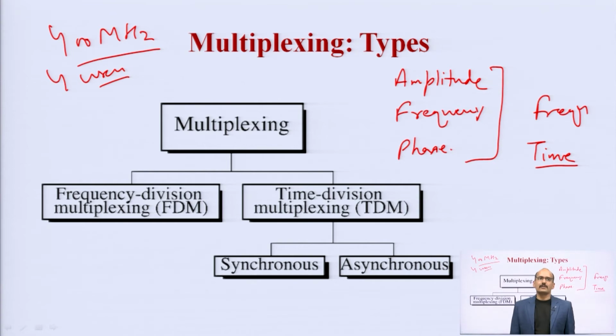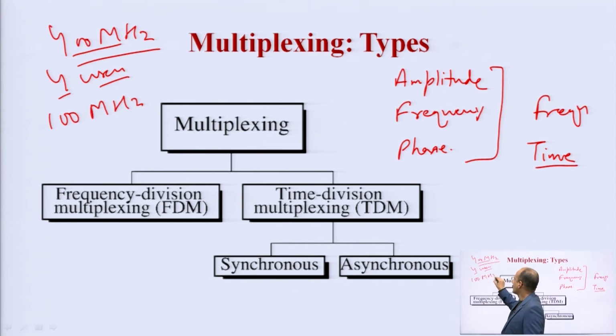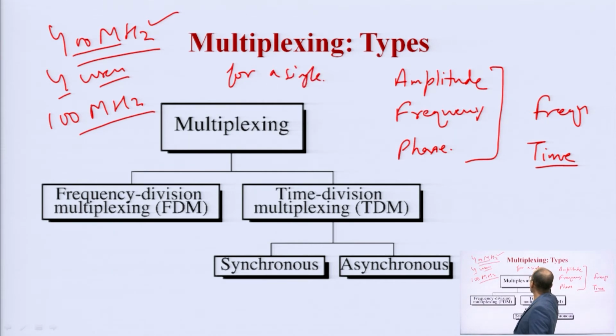So, what are the possible solutions? Either I divide this 400 megahertz among these 4 users by simply allocating 100 megahertz to each user, or I allot the complete 400 megahertz to a single user for a single time slot.